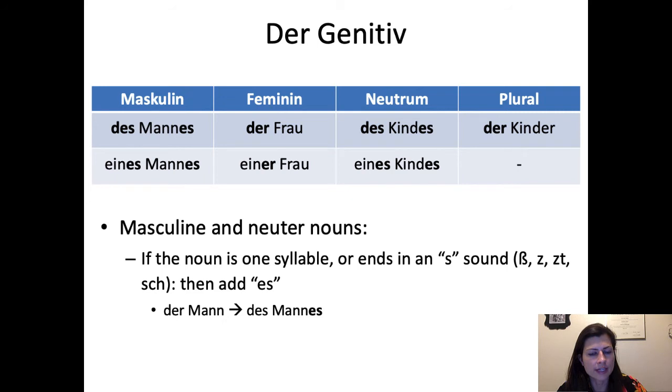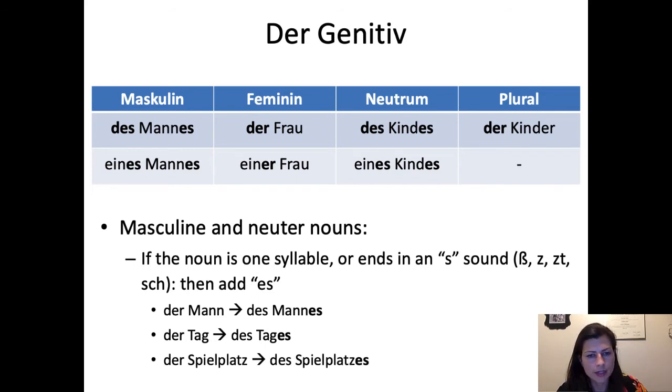For example, der Mann in the nominative becomes des Mannes in the genitive. And then we have der Tag becomes des Tages in the genitive, of the day, des Tages. Suppe des Tages, soup of the day, right? And then der Spielplatz would become des Spielplatzes, and it takes the es because it's got the s sound at the end.